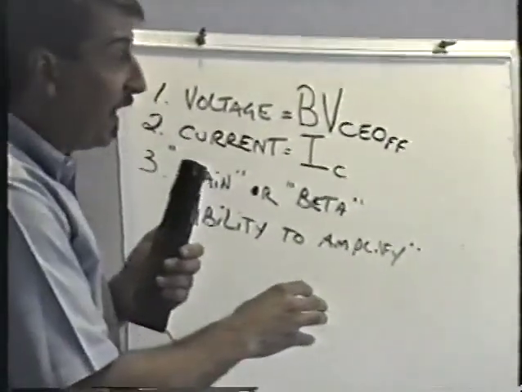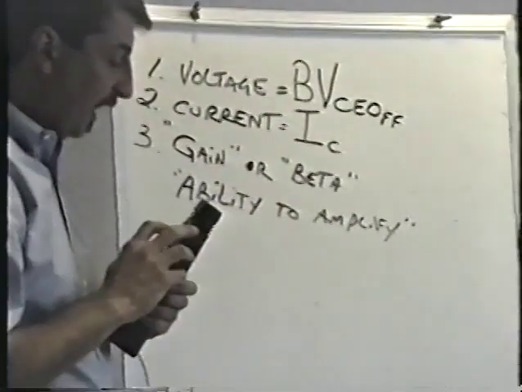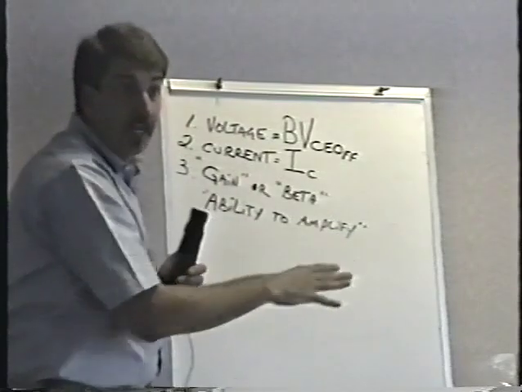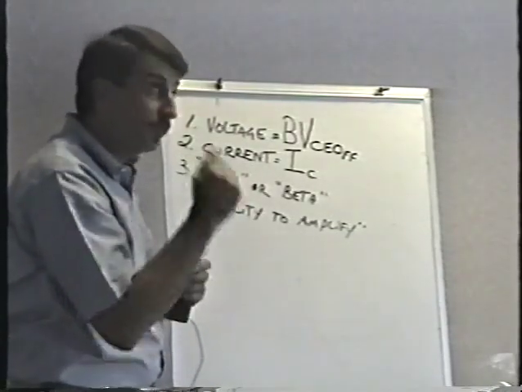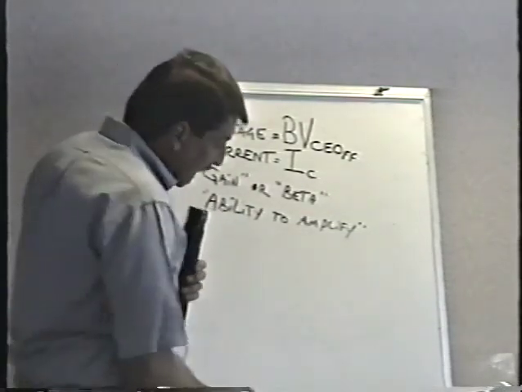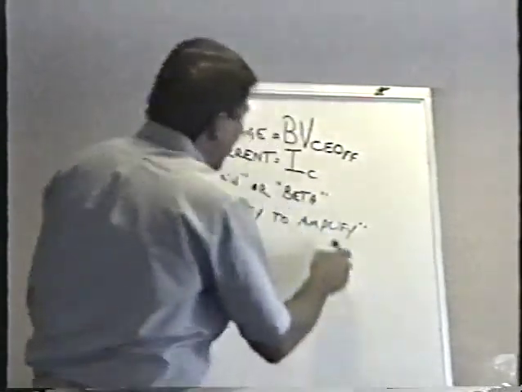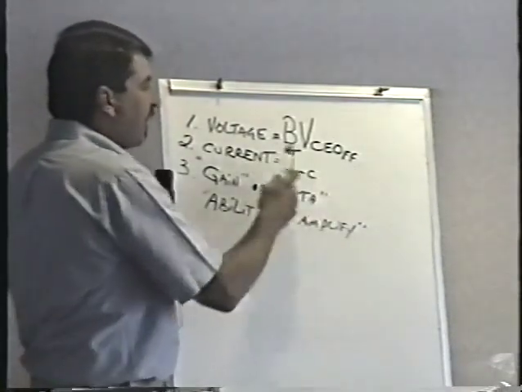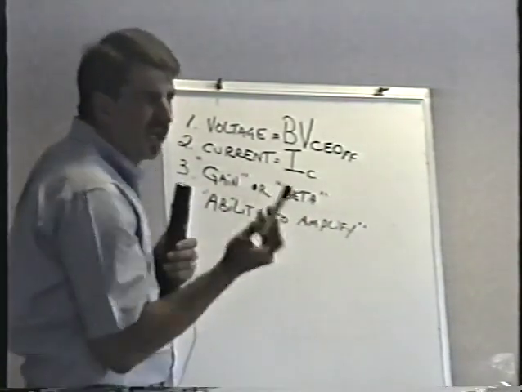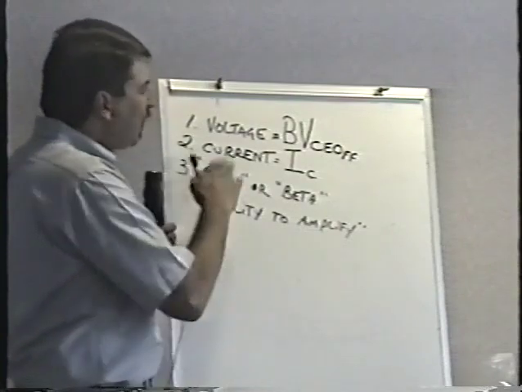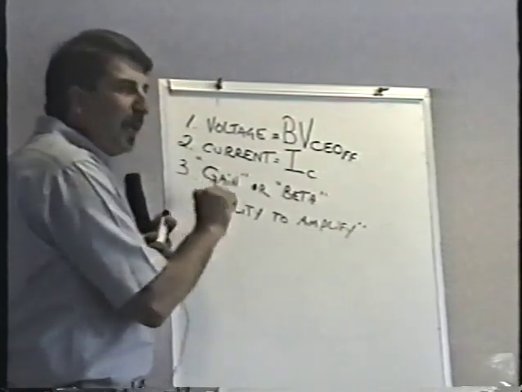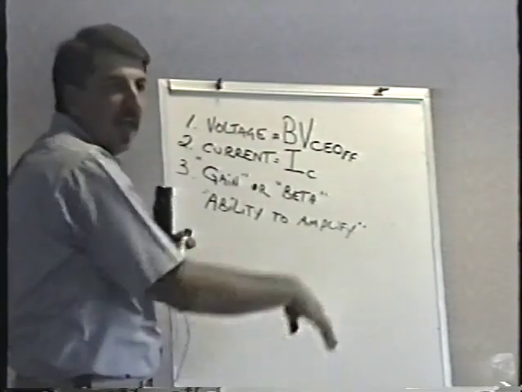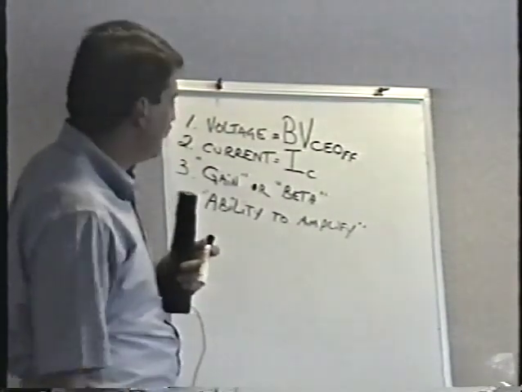Remember when we did the experiment, just 0.04 of a volt change on the base produced a 3 volt change on the collector? Remember that from just a few minutes ago? Well, that's kind of what we're talking about, although not really. It really has to do with the amount of current, not voltage, but I'll tell you more about that later on. Anyway, gain is how itty-bitty of a change on the base will produce how big of a change on the collector. How sensitive is the transistor?